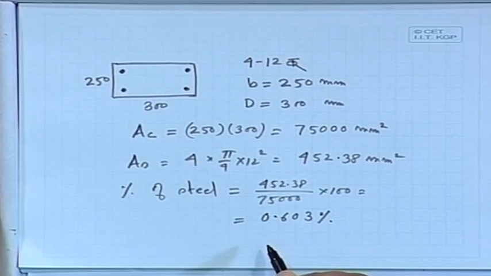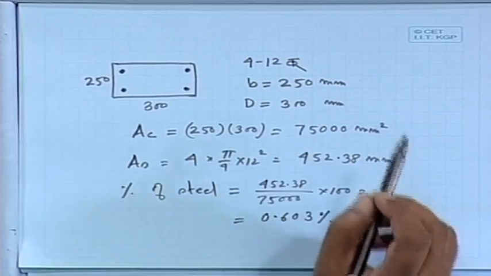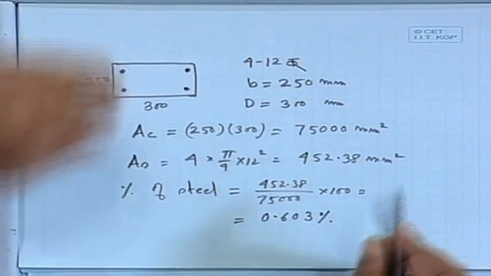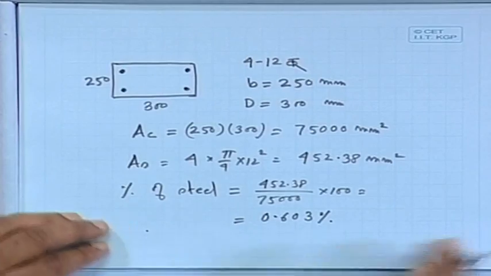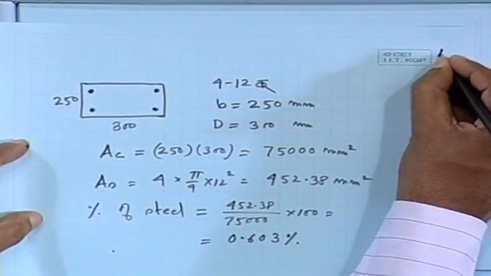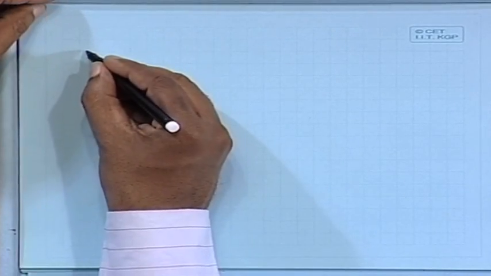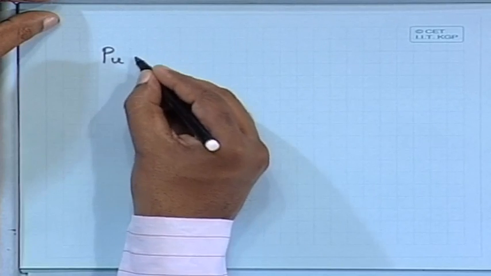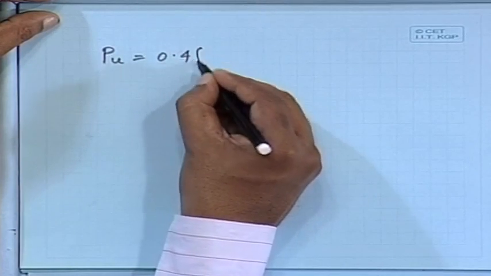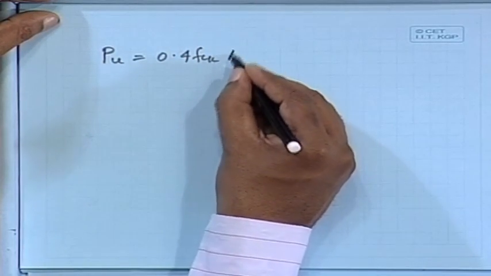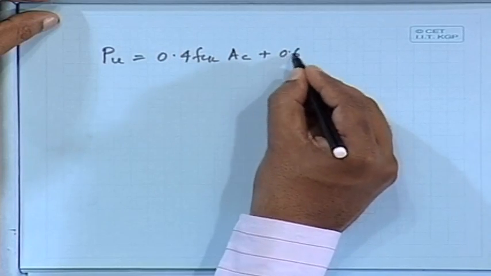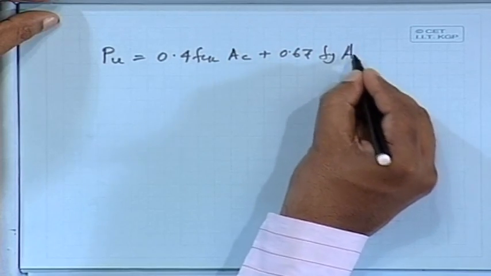First, we can calculate this according to the formula; let us find out Pu first. Pu equal to 0.4 FCK AC plus 0.67 FY AS.